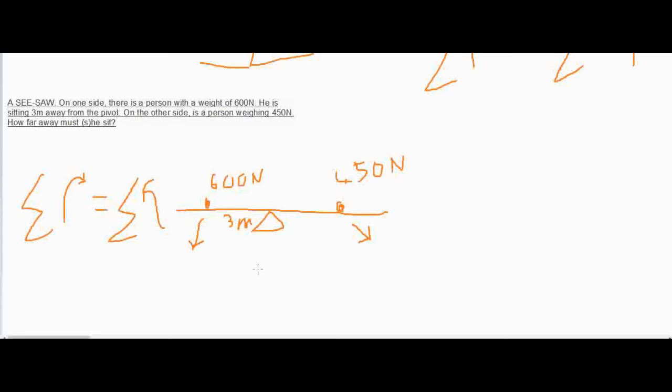So we'll say 450 newtons multiplied by x, the distance that we don't know in meters, is equivalent to 600 newtons times 3 meters.